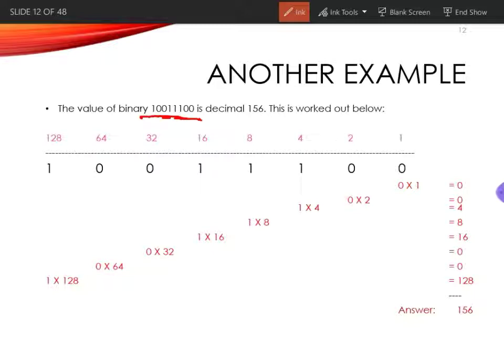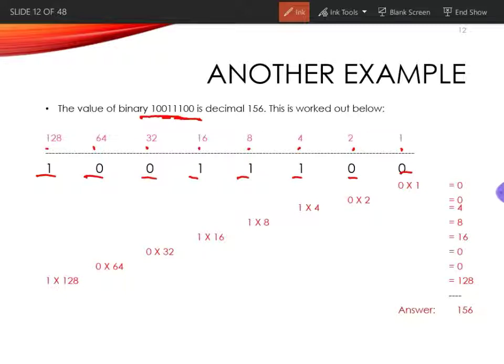So first you write it out, 100111100. Next, based on the positions, so this is 2 to the power 0, 2 to the power 1, 2 to the power 2, 2 to the power 3, 2 to the power 4, 2 to the power 5, 2 to the power 6, and 2 to the power 7. We write out these values.